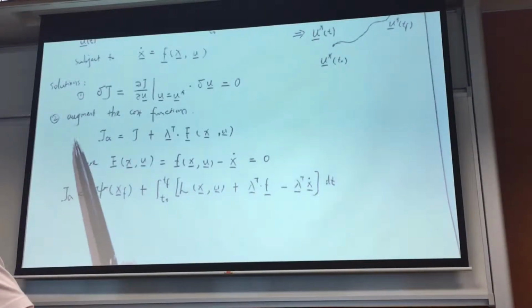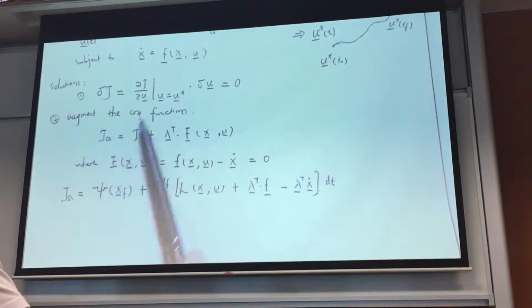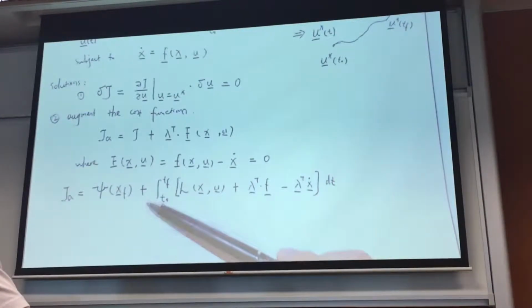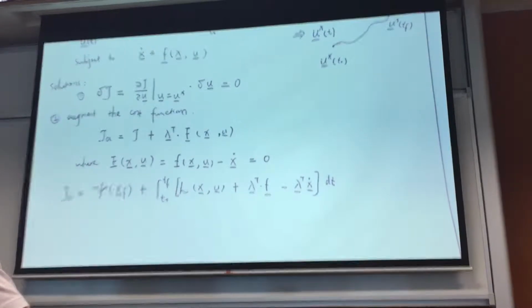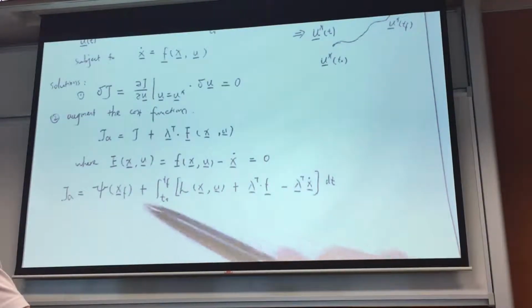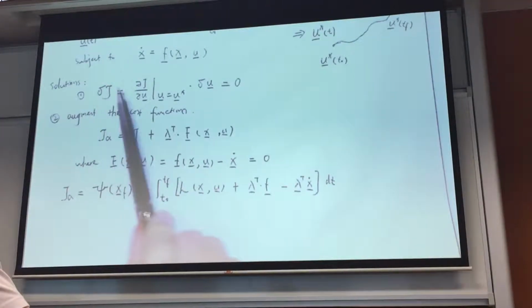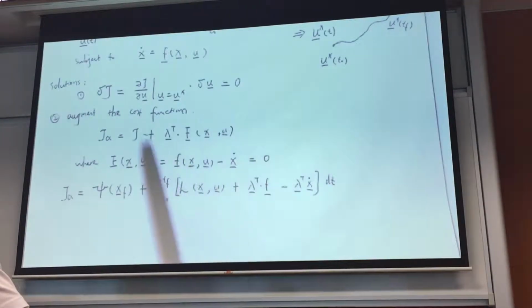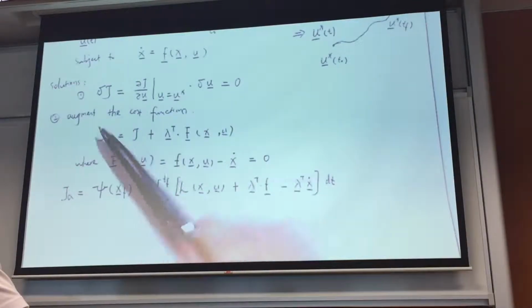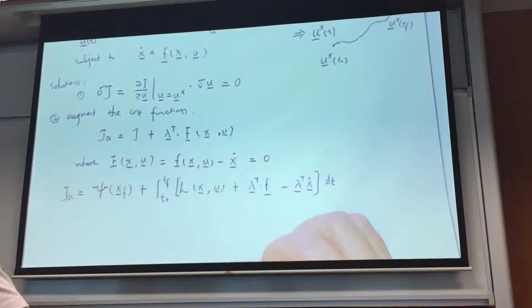After we define the augmented cost function, the following steps will be quite straightforward. You just solve this and make the perturbation to be zero, so you will get all the necessary conditions.